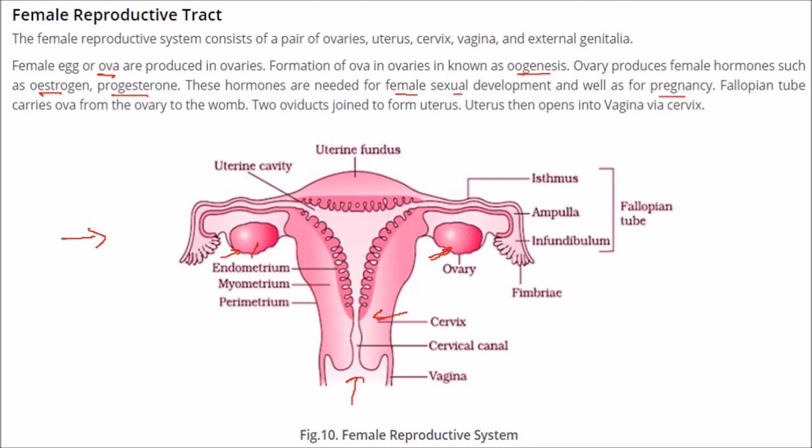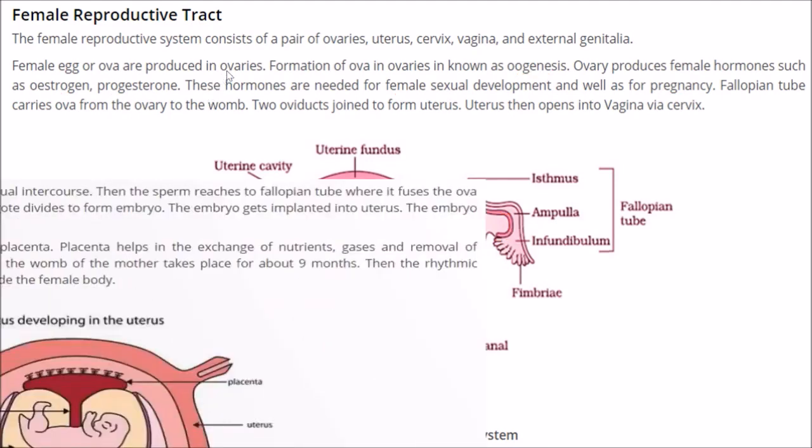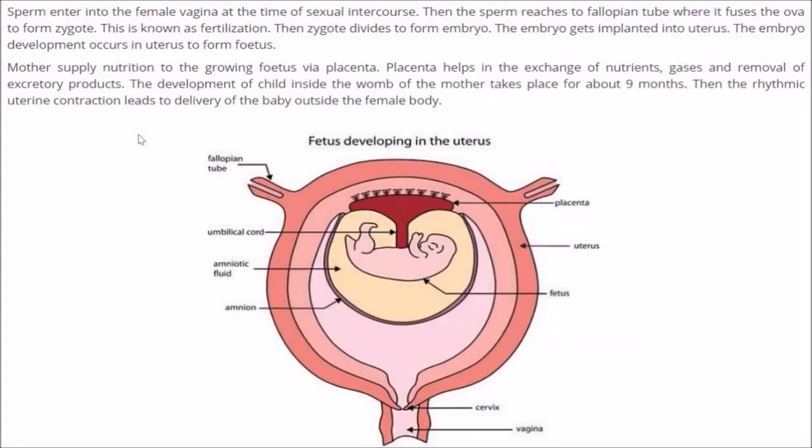The fallopian tube, see, this is a fallopian tube. This fallopian tube carries ova from the ovary to the womb, and 2 oviducts join to form the uterus. This all is uterus. The uterus then opens to the vagina through this cervix. Sperm enter into the female through the vagina at the time of sexual intercourse.